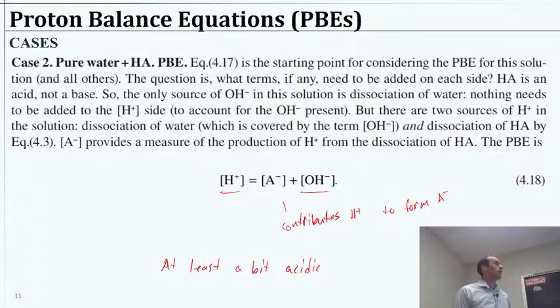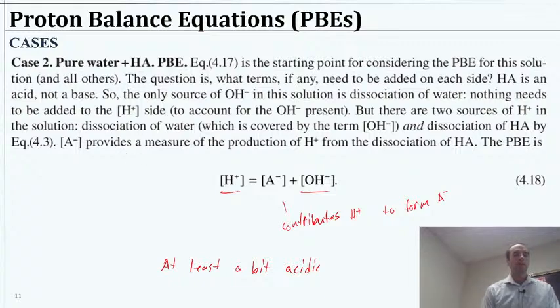Remember, what we're doing here is we're not writing the sources of H plus exactly. We're not writing the sources of H plus on the left for sure. On the left, we're writing the sources of OH minus. And it's not even the sources, it's the molecules that, when formed, gave off an OH minus.